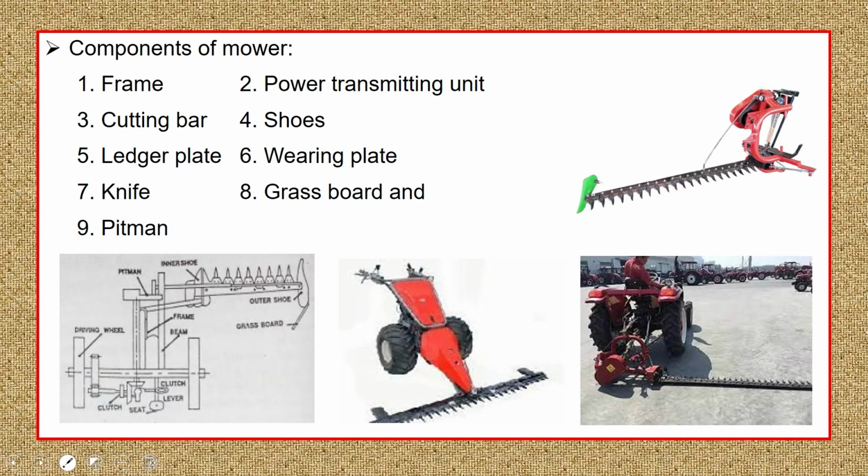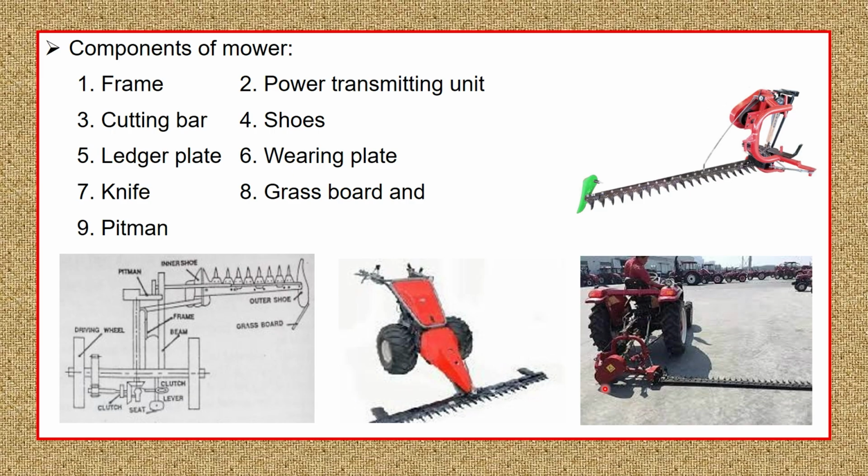required for the cutter bar. So here, as you can see, this is how the mower will look. This is how the animal drawn mower will look, and these are all the self-propelled type mowers, and this one is the tractor mounted and tractor operated mower. In the case of tractor operated mowers, the power required for the cutter bar unit is taken from the tractor's PTO.